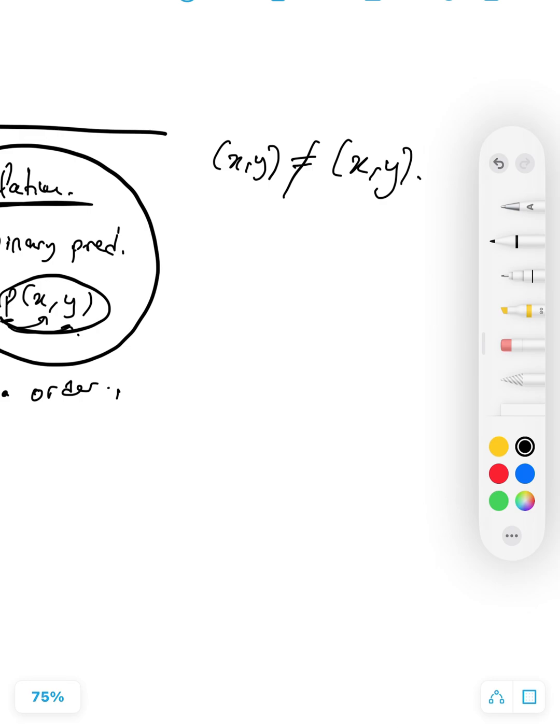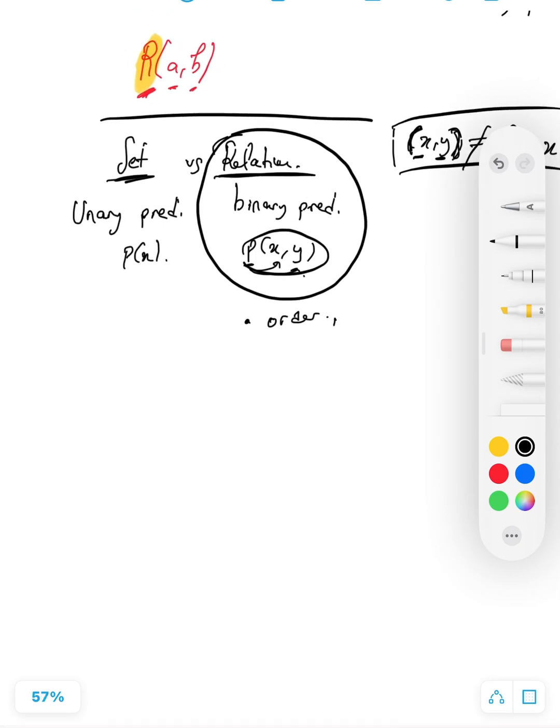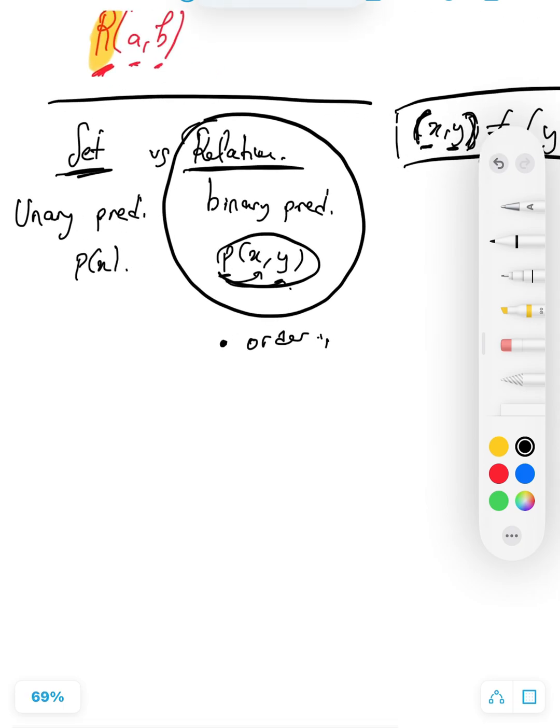So you can't just flip elements, the coordinates inside the ordered pair. That's simply not allowed. So order enters the picture, whereas in a set, order does not matter, right? It's just a collection. The description is basically this unordered way of describing objects, right?